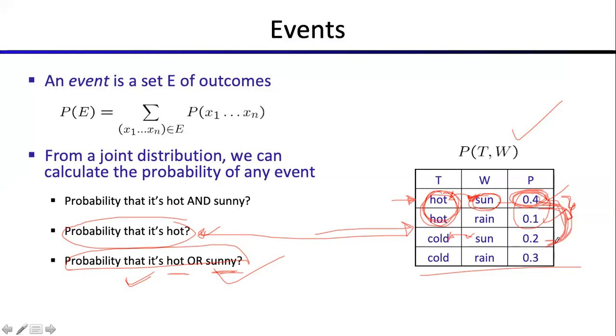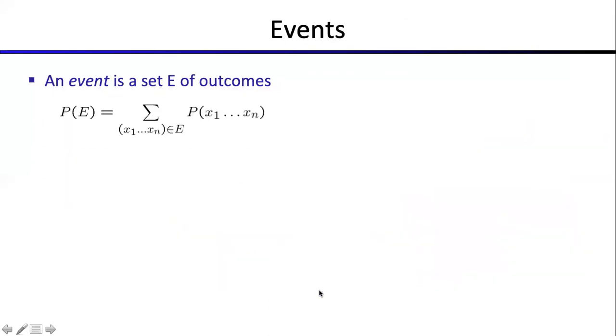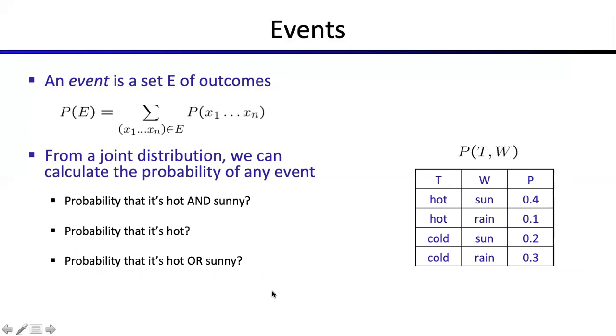राइट. आई होप यू आर विद मी ऑन दिस. ये लास्ट वाला नहीं समझ आया. अच्छा, लास्ट वाला देखें. अगर आपने प्रोबेबिलिटी ऑफ हॉट और सनी का मतलब दोनों में से कोई एक हो सकता है ना, राइट. सो लेट्स से प्रोबेबिलिटी ऑफ हॉट कैसे आपने निकाला था. सो प्रोबेबिलिटी ऑफ हॉट वाज यू सिंपली लुक एट द रोज जहां पे टेम्परेचर हॉट है और उनकी प्रोबेबिलिटीज को आप ऐड कर देते हैं. तो फॉर एग्जांपल दिस वन and this one.